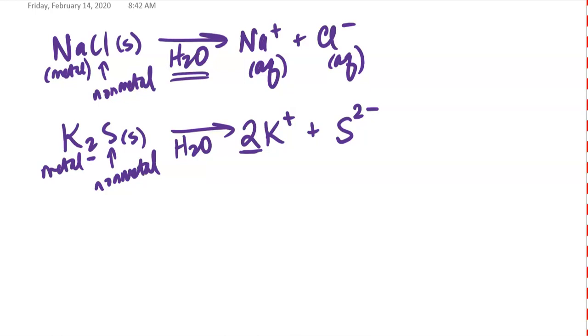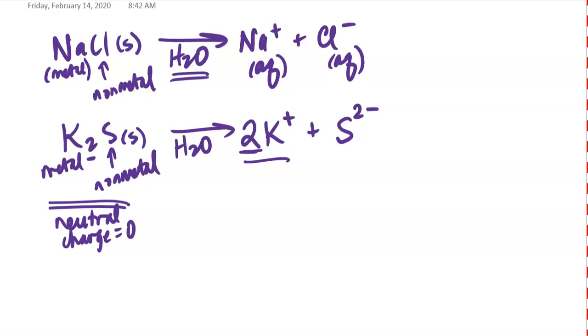Notice that when I do that, on the left-hand side of the equation, since this is a compound, compounds are neutral. And so the charge here on the left-hand side would be 0, since it's only the solid potassium sulfide that's present in the left-hand side of the reaction equation, or in this case, the dissociation equation.